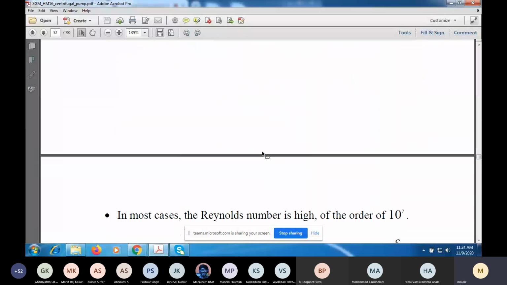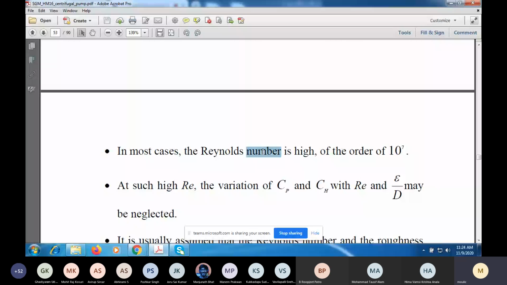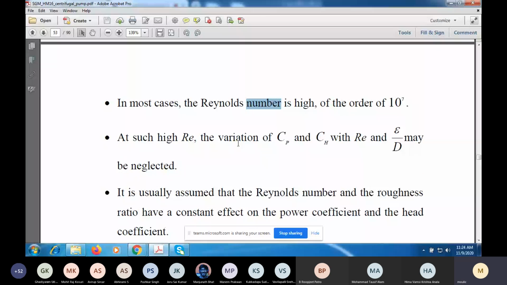Now in most cases you'll find the Reynolds number is high, of the order of 10 to the power 7. So the flow is highly turbulent. At such high RE, you find that the variation of CP and CH with the Reynolds number and this roughness ratio is small. So these have some effect, but it's a constant effect.